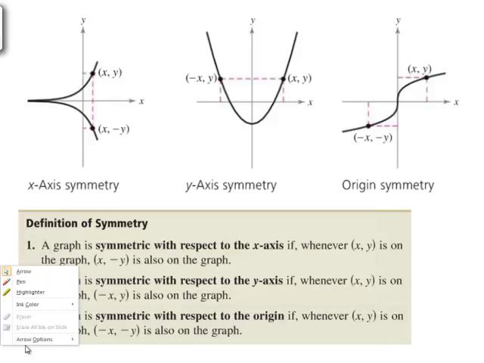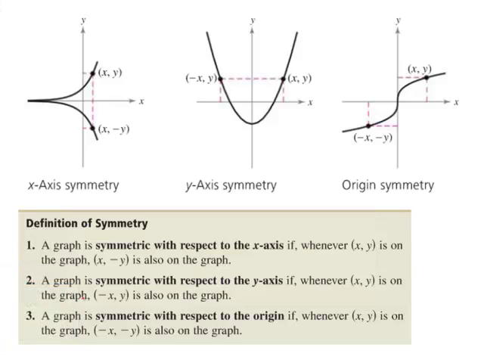And so the definition officially is: whenever (x, y) is on the graph, at the same time (x, negative y) is on the graph. You keep the same x, but your y, which is positive, has come down here and is negative. That's the official definition of x-axis symmetry. Over here, keep the same y, and your x's change sign.